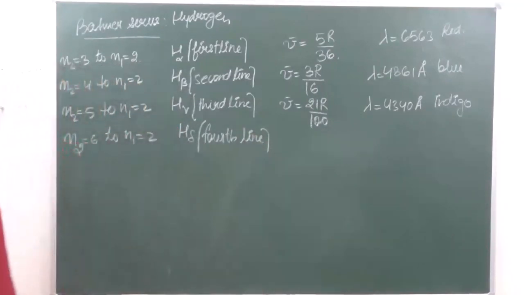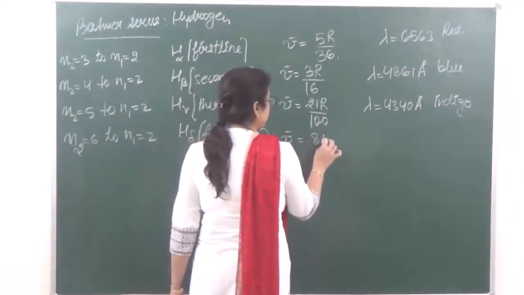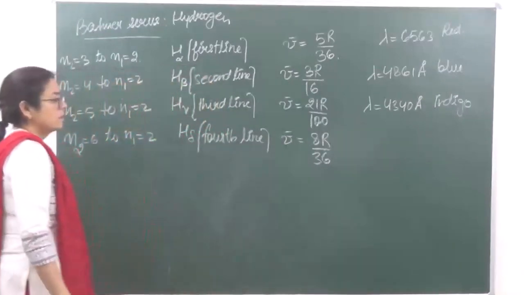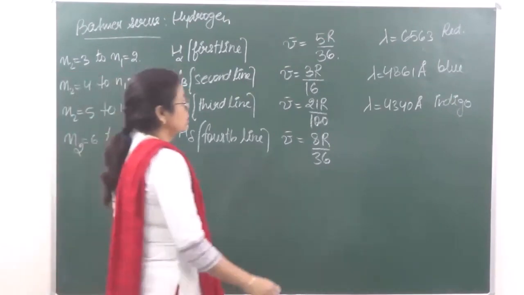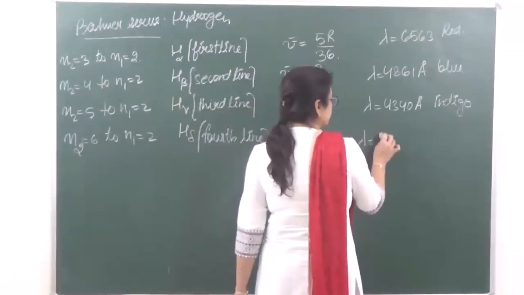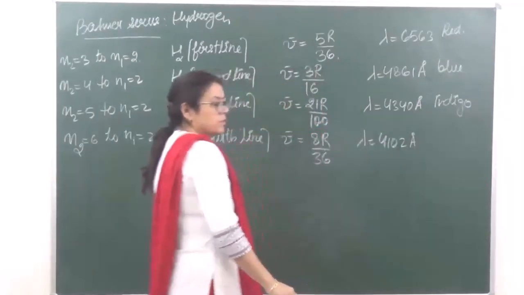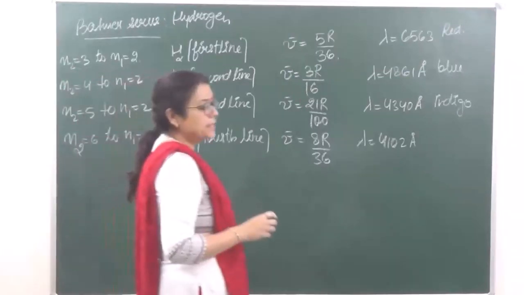Okay, and nu bar for this is 8R upon 36, and lambda is 4102 Angstrom. Right? And the color which we are going to observe over here is violet.